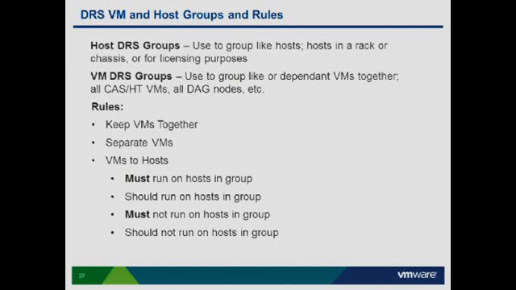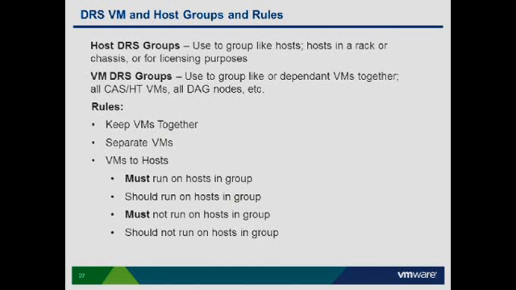So with 4.1, we introduced DRS VM and host groups, and these are pretty critical when deploying multi-tiered applications like this, where we have multiple points of redundancy, and we want to make sure that we maintain that redundancy. If we're taking advantage of things like vMotion, we want to make sure that our two CAS and hub VMs don't end up on the same host, obviously.